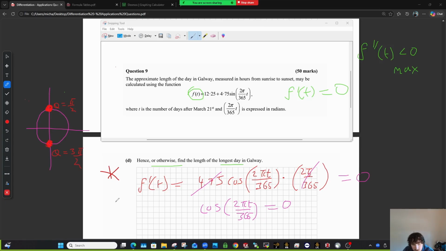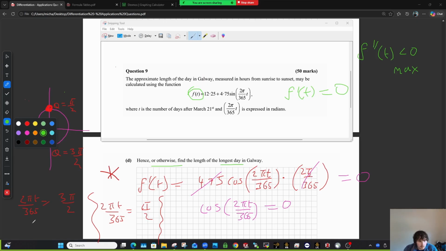The answers to this are when the theta in here, 2 pi t over 365, equals the first one, which is pi over 2. Or there's the other solution, when we have 2 pi t over 365 equal to 3 pi over 2. One of these will be the max and one of these will be the min. So I'll just very quickly do the algebra on this.